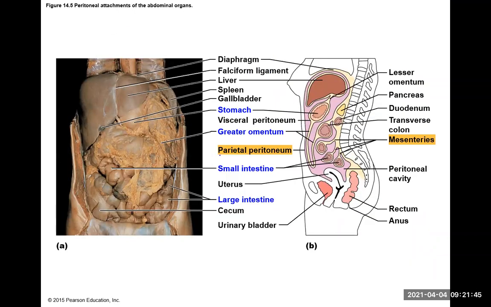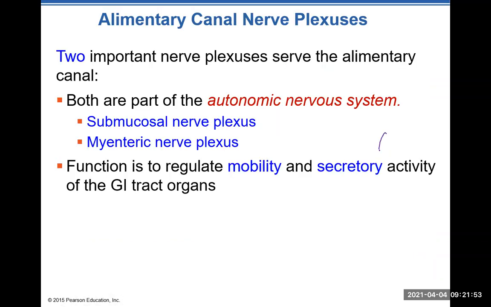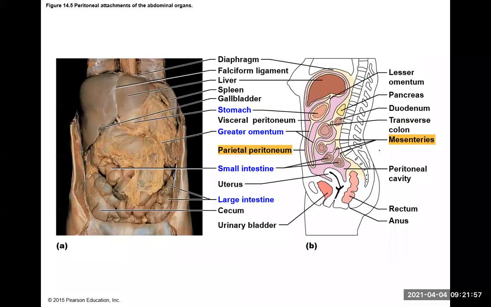Now, another new word which you don't know is the mesentery. What is a mesentery? First of all, as you can see over here, the pink colored thing is all your parietal peritoneum.